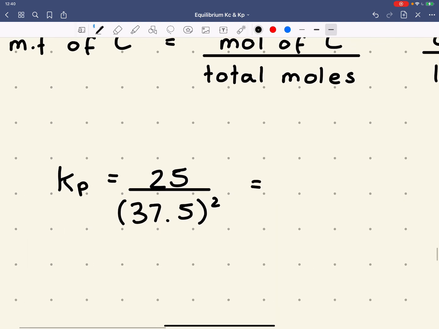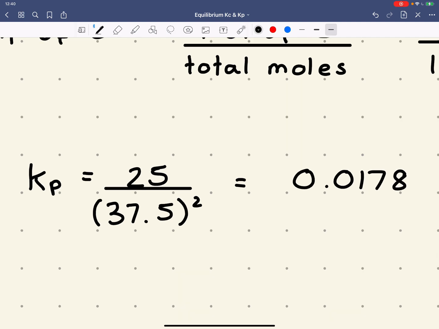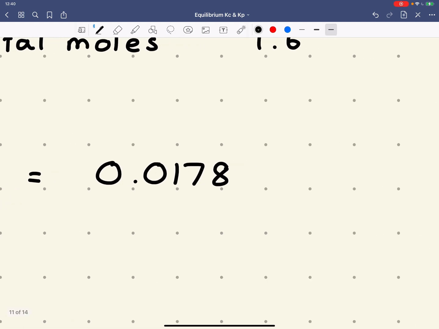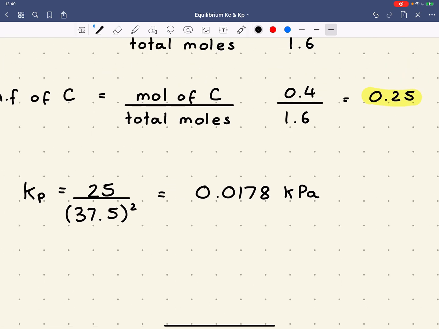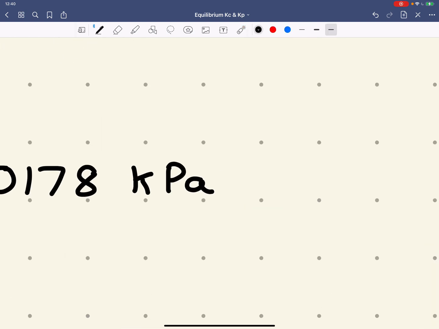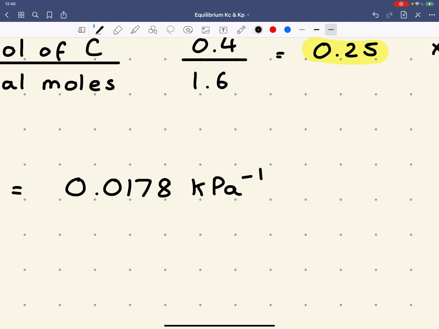And when you do that, you end up with an answer of 0.0178. And this would be kilopascals. Because we've got 1 pressure unit on the top and 2 on the bottom, this would be kilopascals to the -1. And that there is your answer.